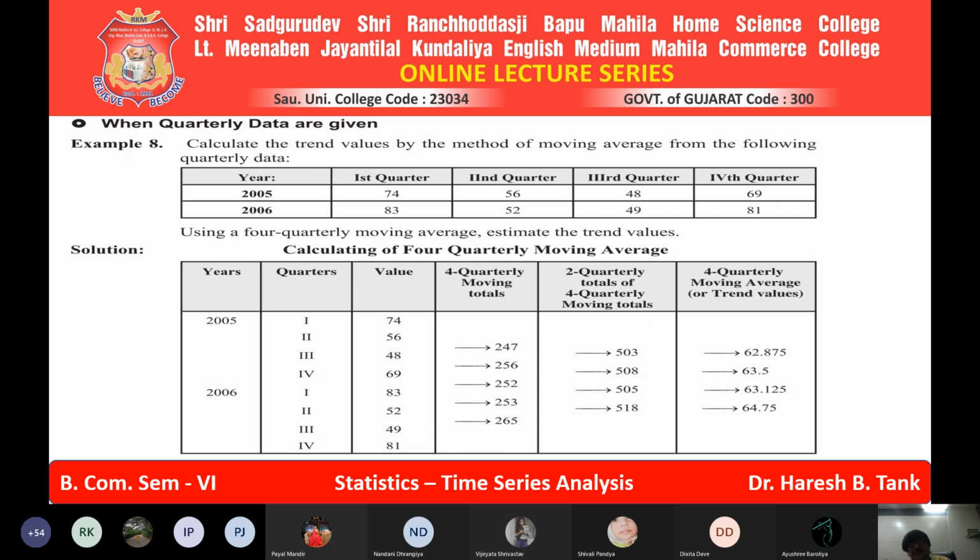The next thing to be done is make another column named 4 quarterly moving average centered, or you can say trend values.